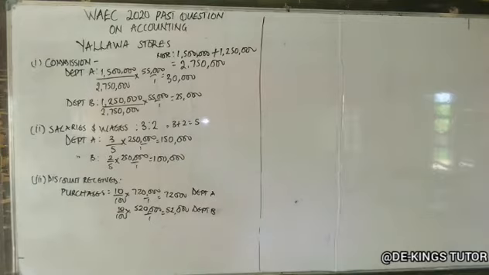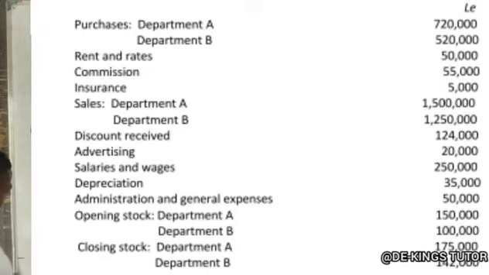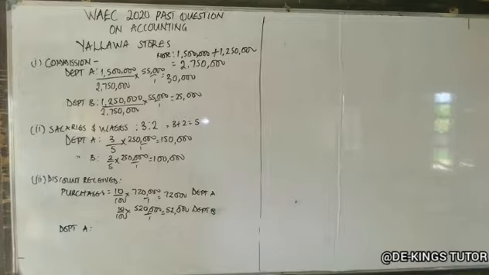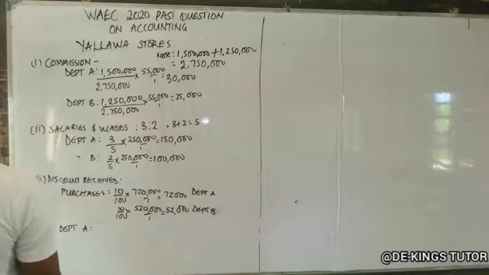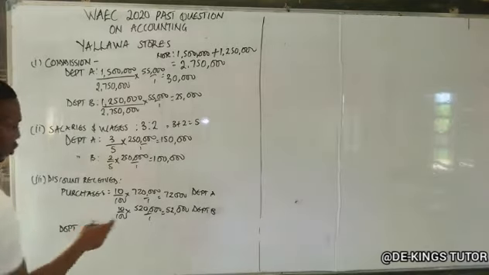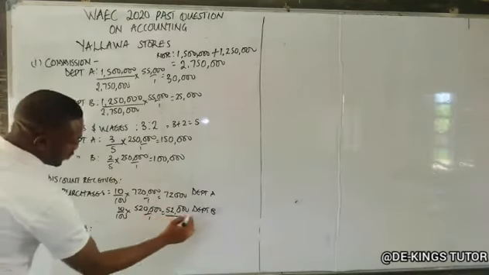If you check in the question, the discount received amount is 124,000. If we add 72,000 plus 52,000, it will give us 124,000.